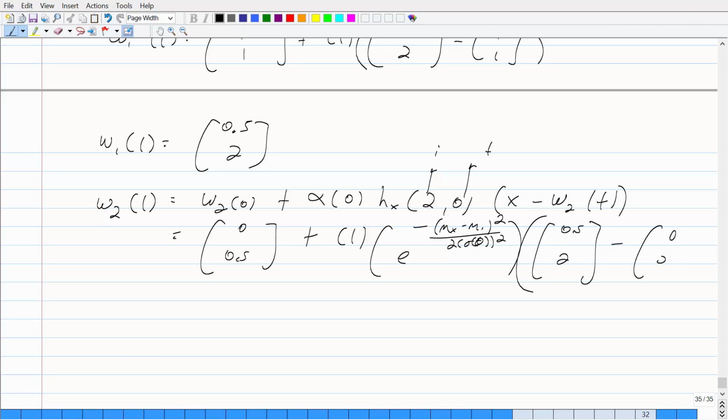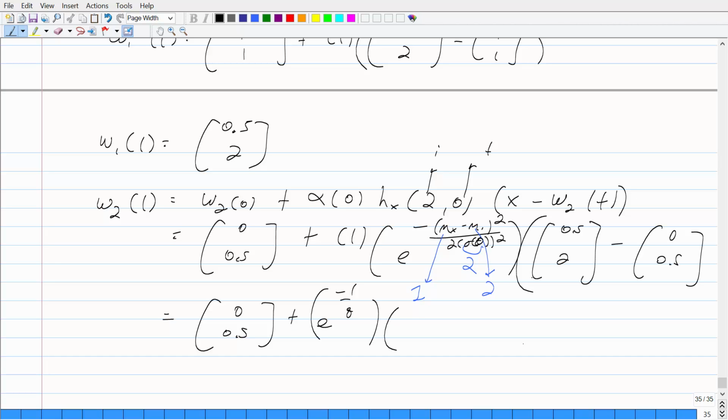Subtract 0, 0.5. Okay, so this is the position for the BMU. This is 1, and this position for the neuron is 2. This here is 2, okay? So what's going to happen is you'll get 0, 0.5 plus, and then you have 1 divided by 2 times 2 squared, which is 8. So you get e to the minus 1 over 8.